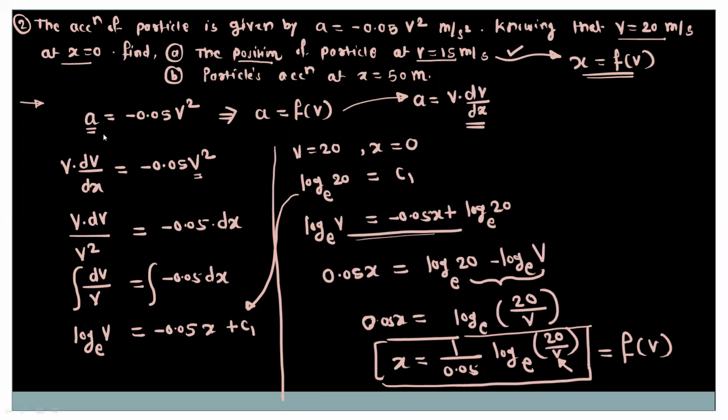So refer to the acceleration equation. a is equal to -0.05 v². Here a is equal to -0.05, and the v value is 1.64. So the acceleration value is equal to -0.134 meter per second square.